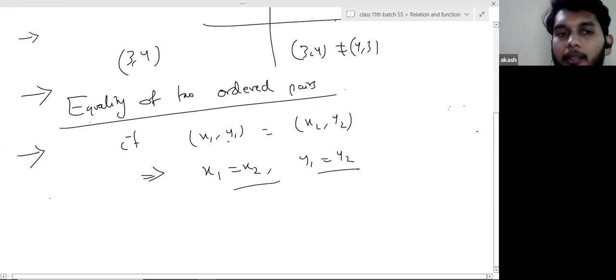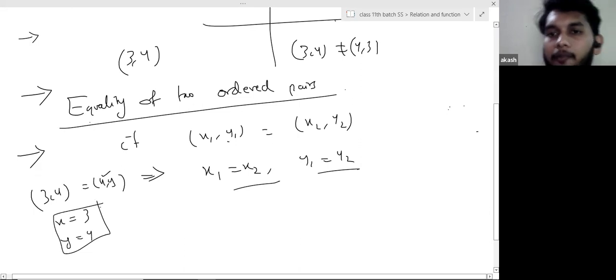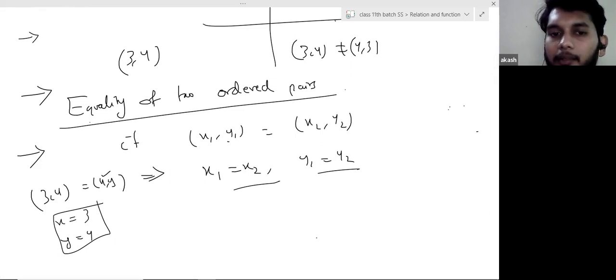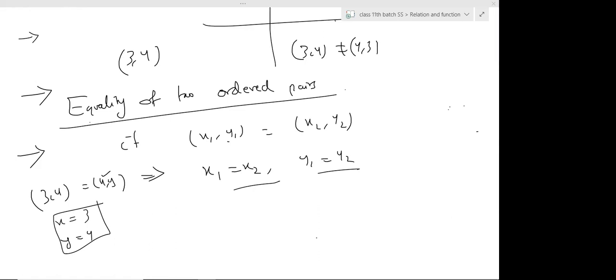If I say the point 3 comma 4 is equal to x comma y, and I ask you the value of x, you will say x must be 3 and y must be 4, right? Because if two points are equal, then the corresponding x coordinates and y coordinates must be equal. Is this clear, everyone? Fahad, Arnav, is this clear? Yes, sir.